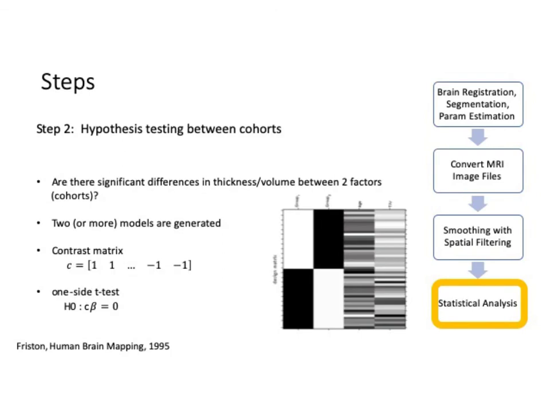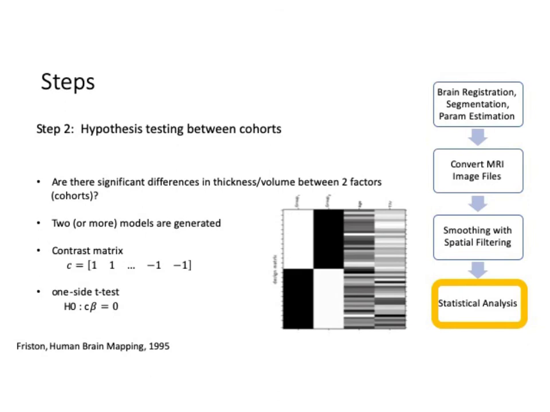The next type of statistical analysis is to compare the significance between two cohorts. In this case, we actually have two different factors as independent factors.